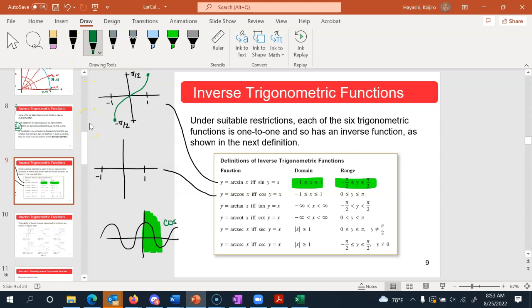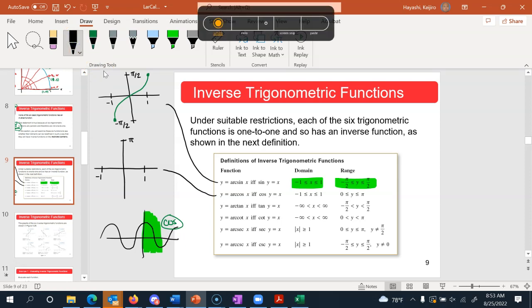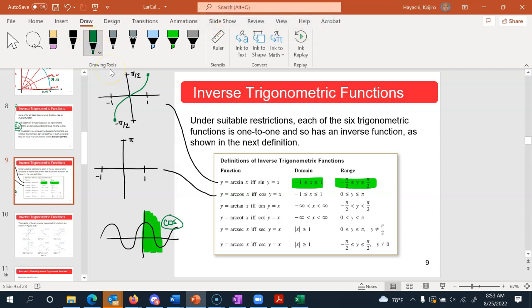So this is just, and I'll erase this in a second, but that's cosine. So arc cosine is going to have a range of 0 to pi, if I were to imagine taking that and flipping it around.